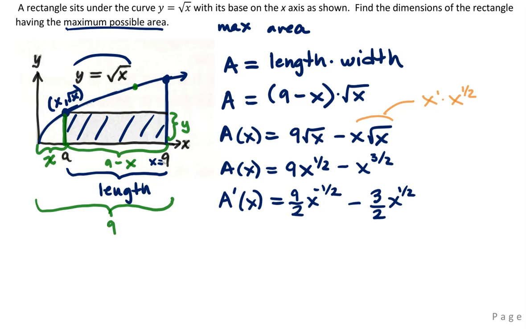This one actually is undefined. Note that that 9/2 x to the 1/2, that's the same as 9 over 2 root x. That's undefined if x is 0. It's actually undefined if x is less than or equal to 0. No negatives under square roots.